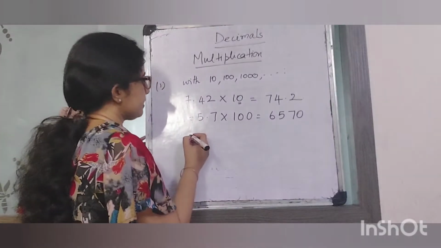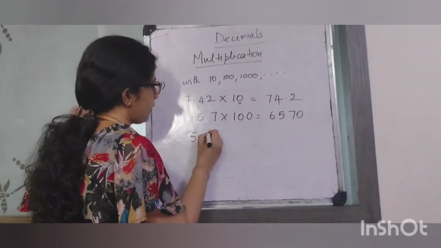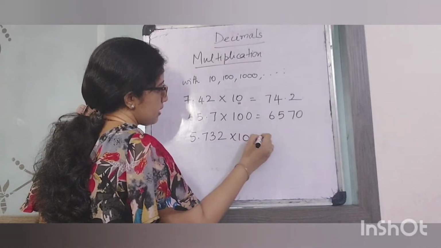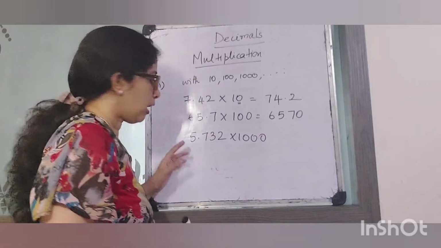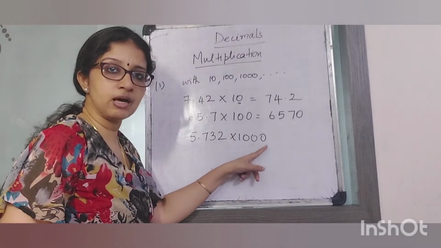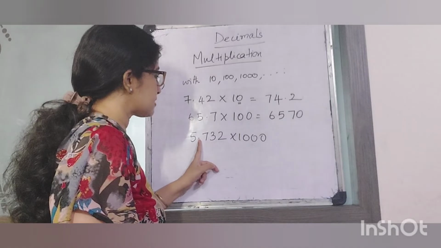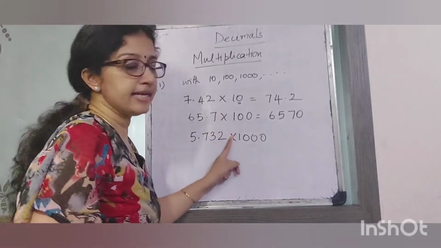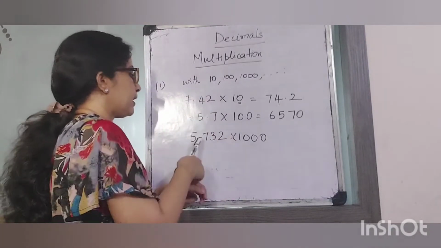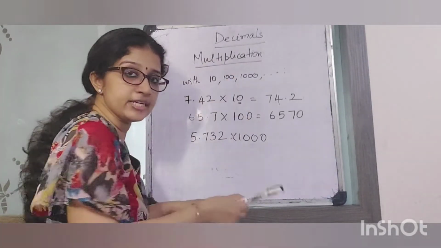Now let's take another example. 5.732 into 1000. Now how many digits should we shift? Now there are three zeros in 1000, right? So we have to shift this decimal point by 3 digits to the right. Okay. Always remember, while multiplying, this will be shifted to the right. Okay.